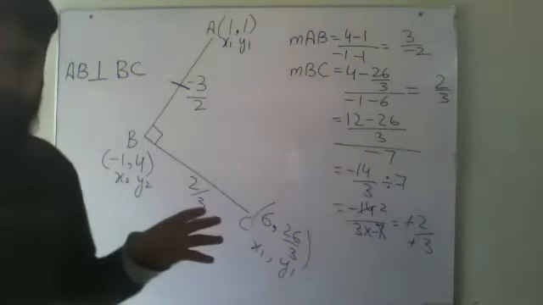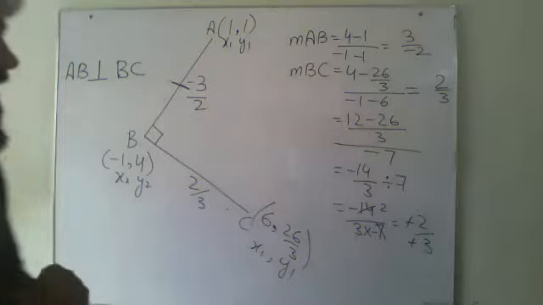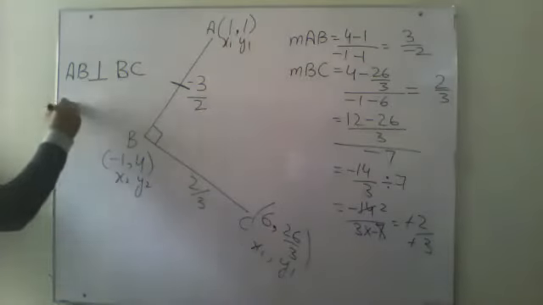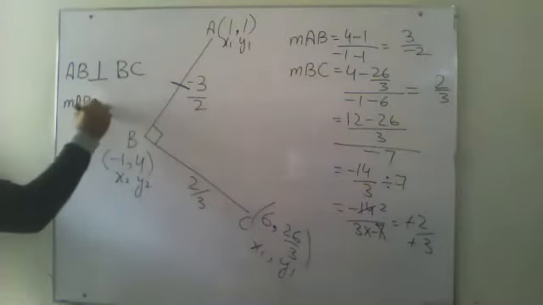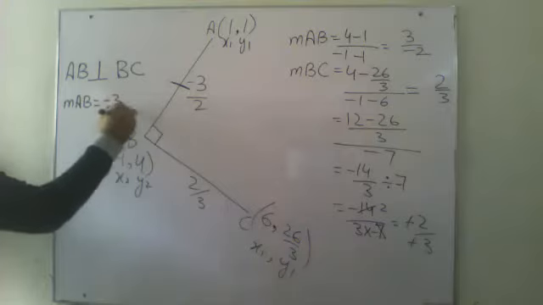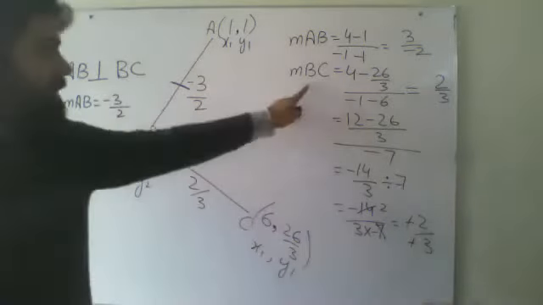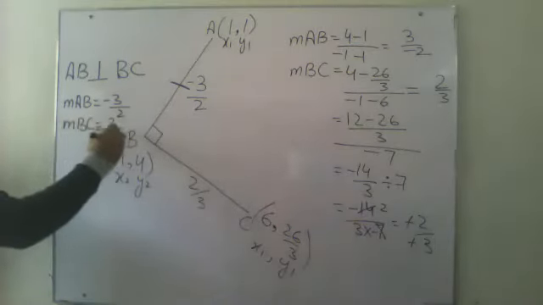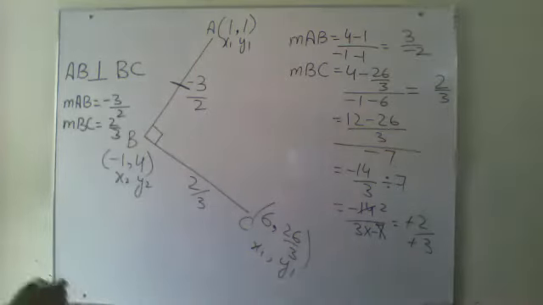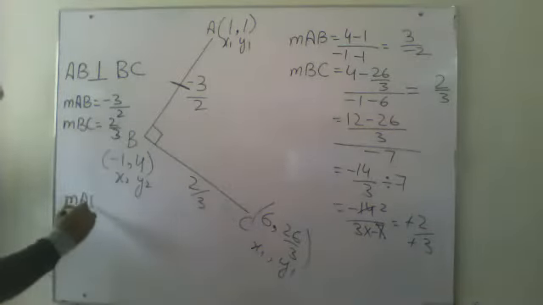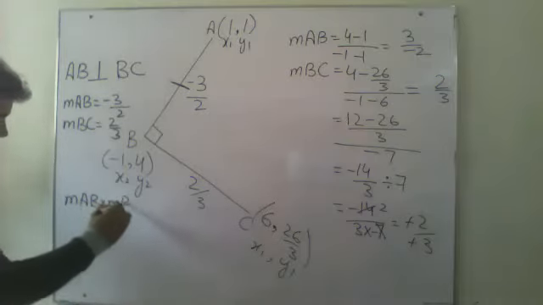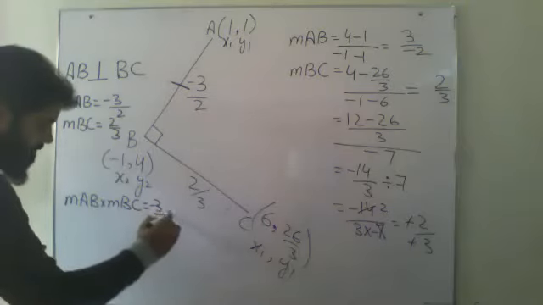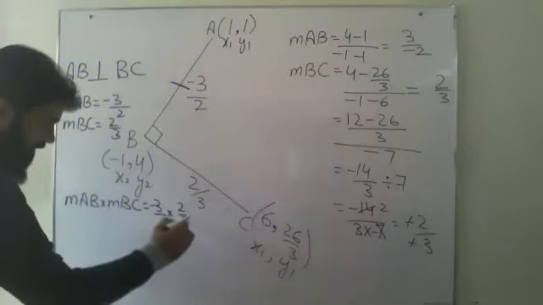Okay. And if I take their gradient, what is the gradient of AB coming? 3 over minus 2. Gradient of AB is coming minus 3 over 2 or 3 over minus 2. It's the same thing. And gradient of BC is 2 over 3. Now, if I multiply them, m of AB multiplied by m of BC, so 3 over 2 of minus multiplied by 2 over 3 of positive, cancellation.